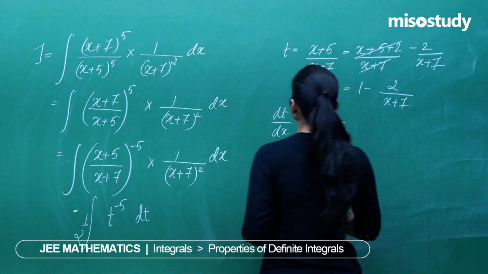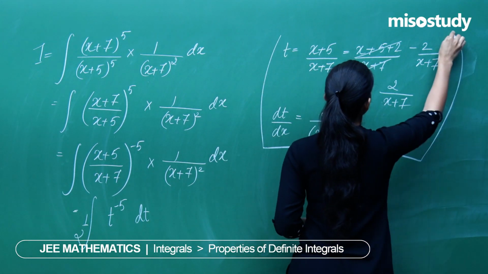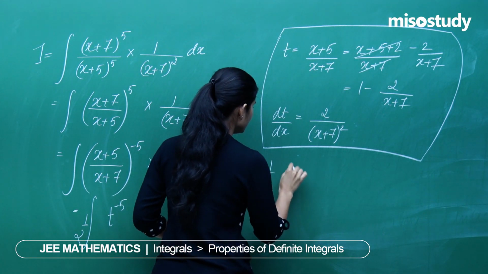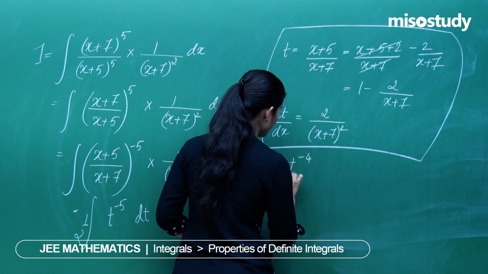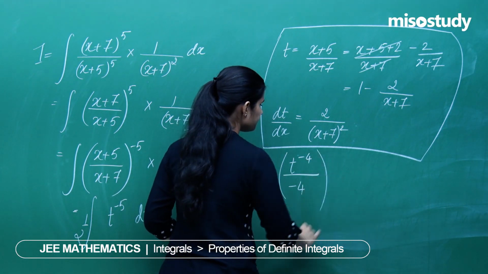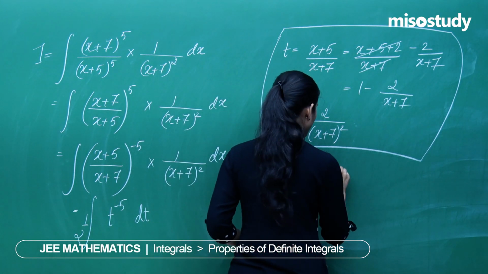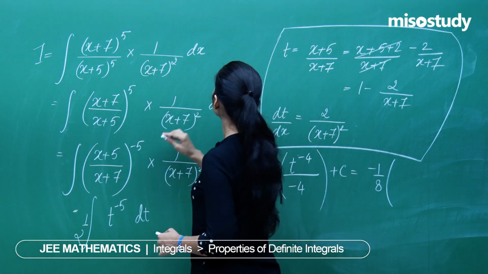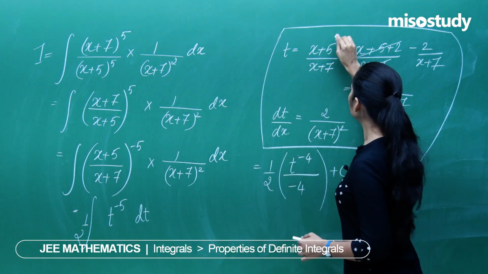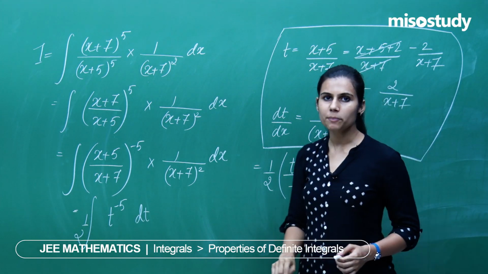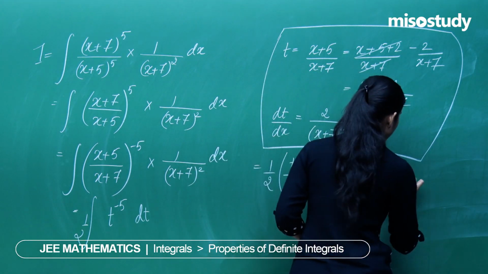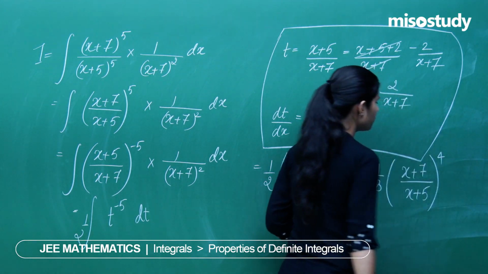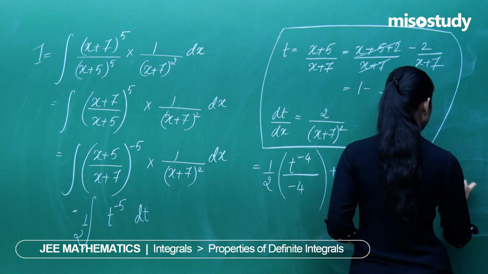Now that we are done till here, what is the next step? This is pretty simple: t to the power minus 5 plus 1 upon minus 5 plus 1, obviously plus c. So you have minus 1 by 8 t to the power minus 4. What is t? t is this, whole to the power minus 4, or its reciprocal to the power 4, which is (x plus 7 upon x plus 5) whole to the power 4 plus c.